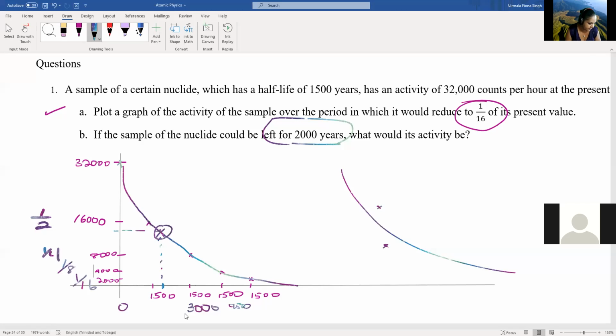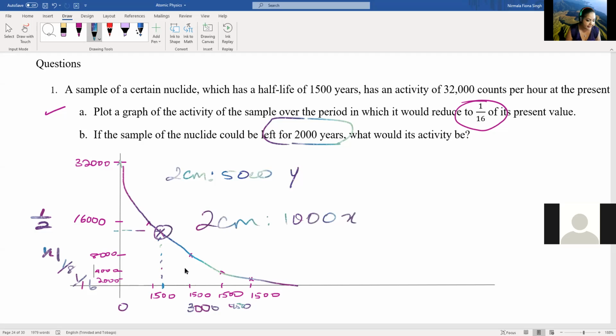Personally, I would have gone up by 5,000 every 2 centimeters on the y-axis, and for my x-axis, I would have used 2 cm for 1,000. That is what I would have done, and I would have gotten a nice graph that stretches most of your page, and it's easy to take your readings.